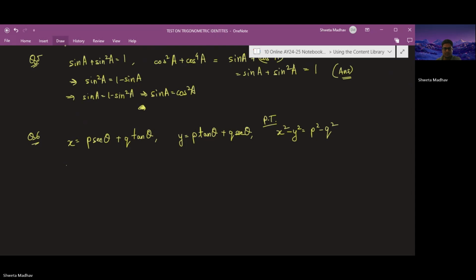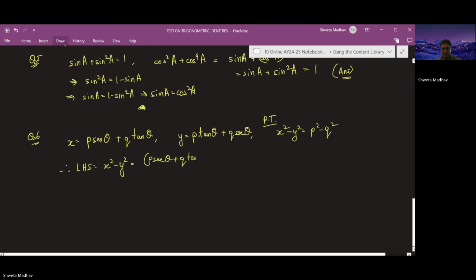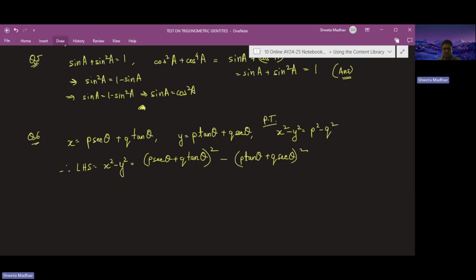So in the left hand side we have x square minus y square, and we have to show that it is equal to the right hand side, which is p square minus q square. Now x is p sec theta plus q tan theta whole square, minus y is p tan theta plus q sec theta whole square.